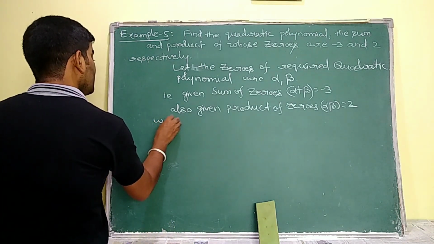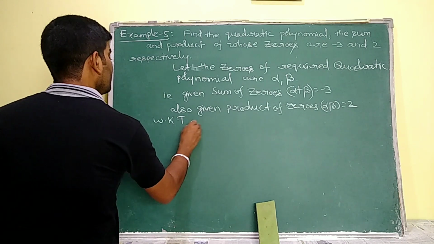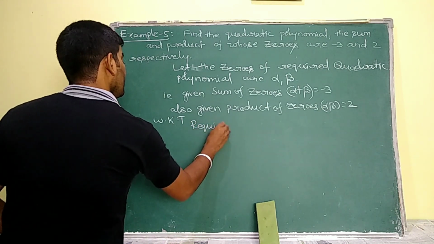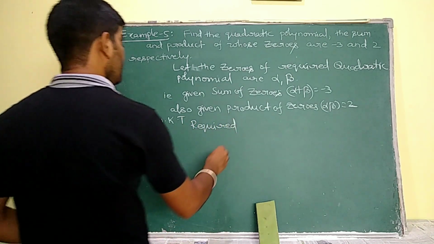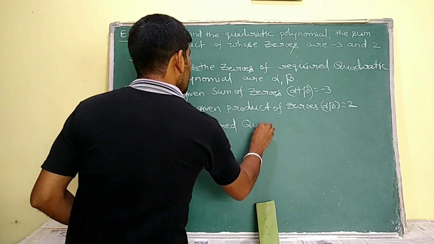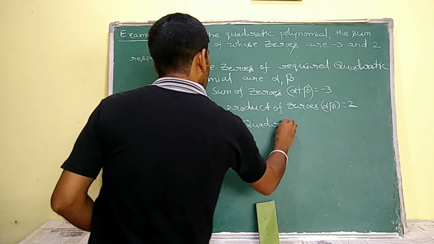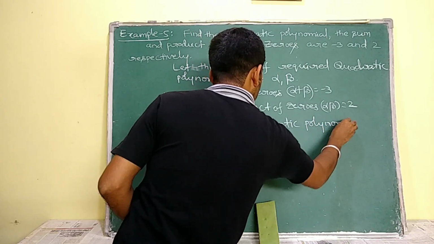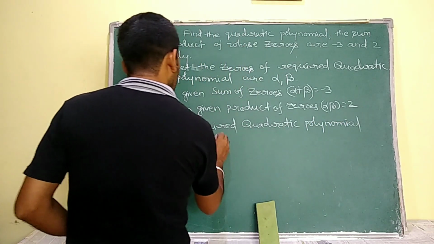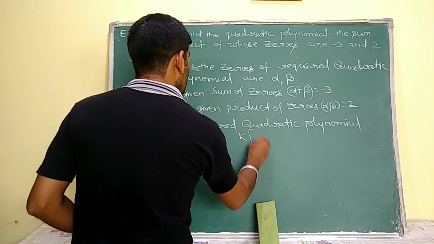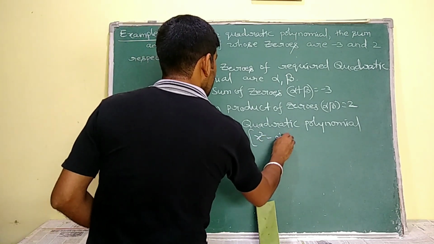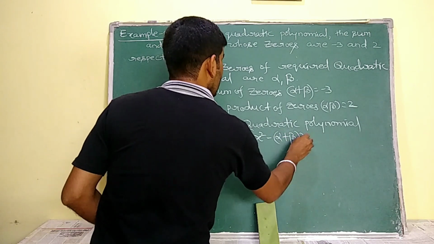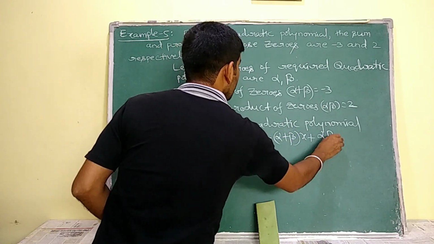We know that the required quadratic polynomial is k into x square minus sum of the zeros into x plus product of the zeros.